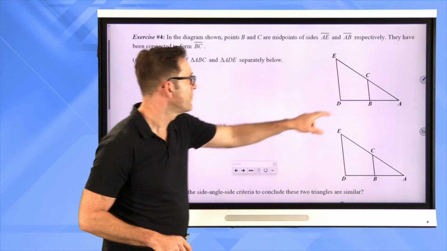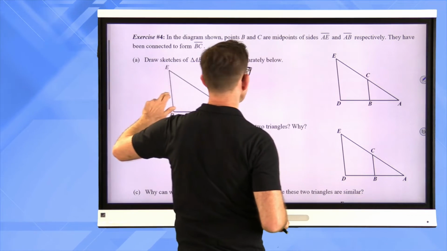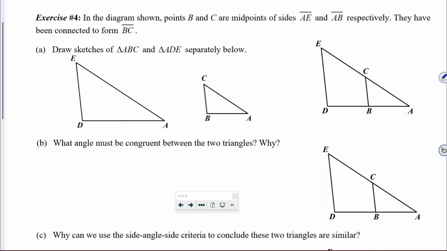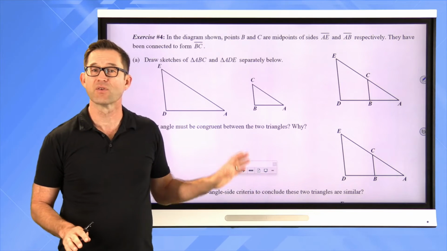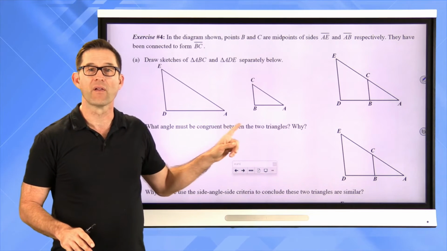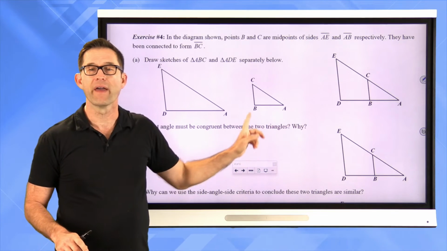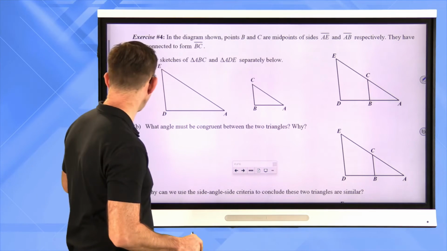Okay. Well, what I have is just my two triangles immediately. You don't want to have to look at my ugly looking drawing anyway, so there they are. I've got triangle ADE and triangle ABC. Okay, cool.